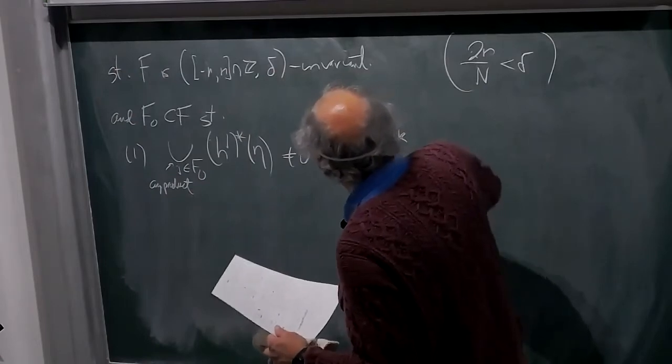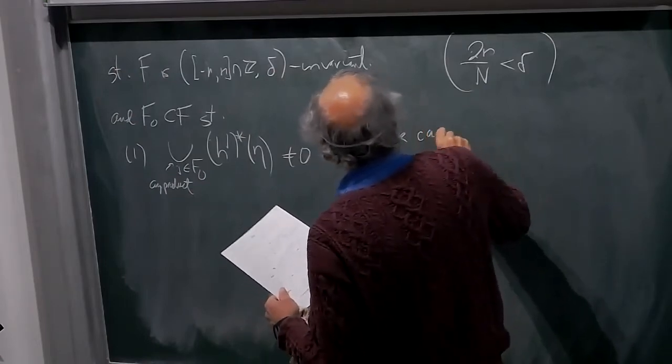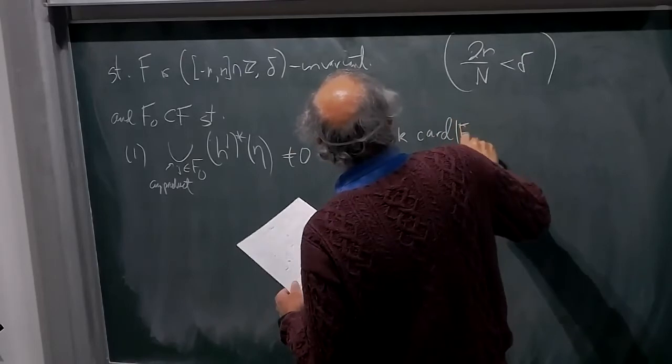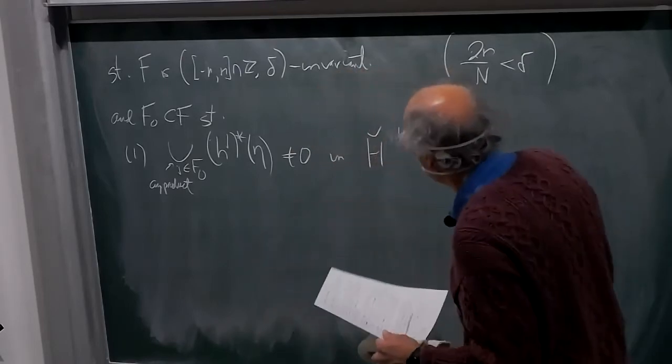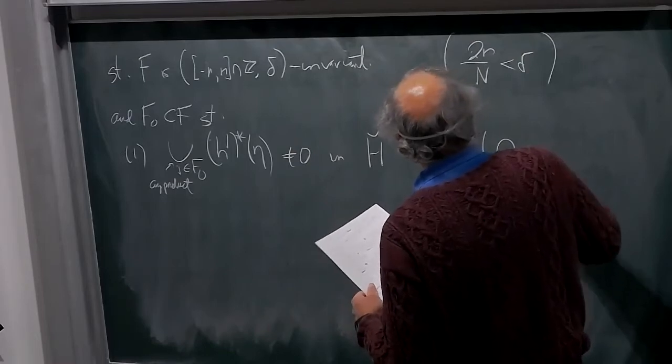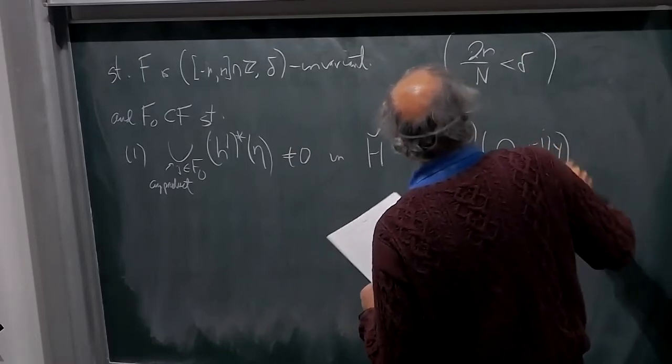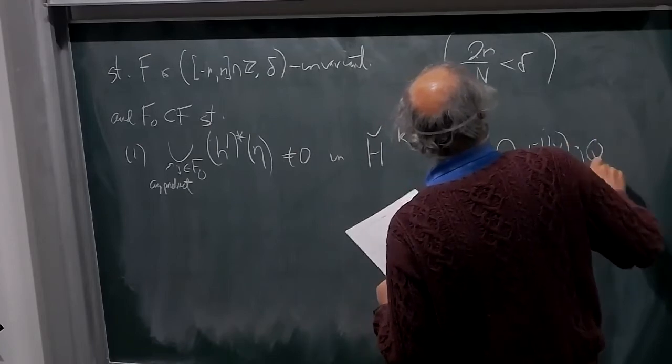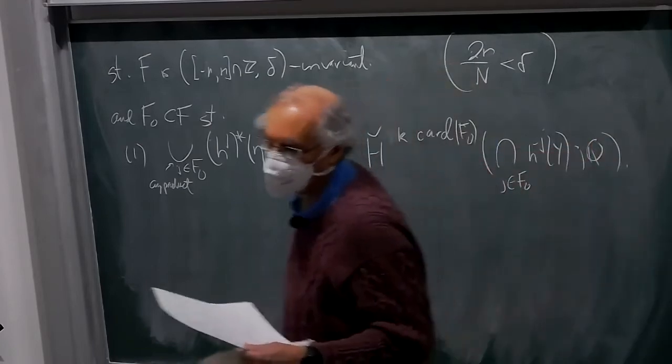It's k is already even, so I don't need the 2, but k times the cardinality of F0 of the intersection over J in F0 of H minus J of Y with coefficients in Q. So I know it was something smaller.